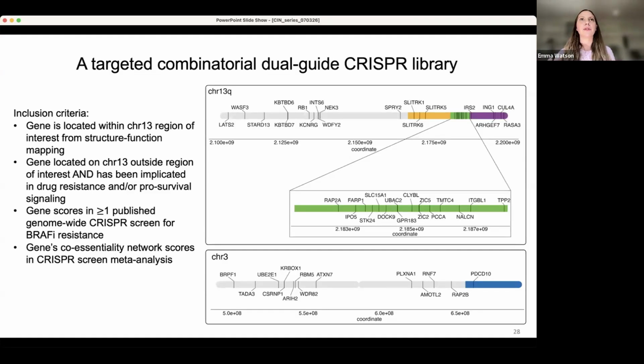So for every gene on the chromosome, we looked in DepMap. We found the genes that were most strongly correlated with that gene. And then we did gene set enrichment, looking to see if that gene set was found to be enriched in the CRISPR screens. And we also included genes that had paralogs on the chromosome in case it was a paralog type of situation.